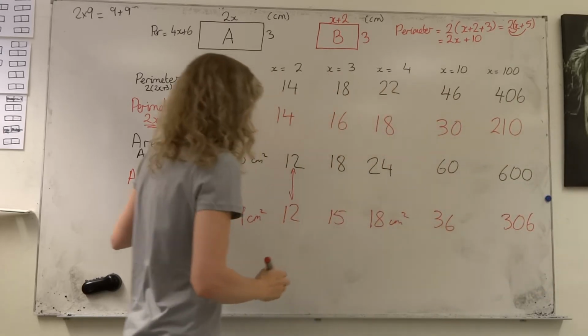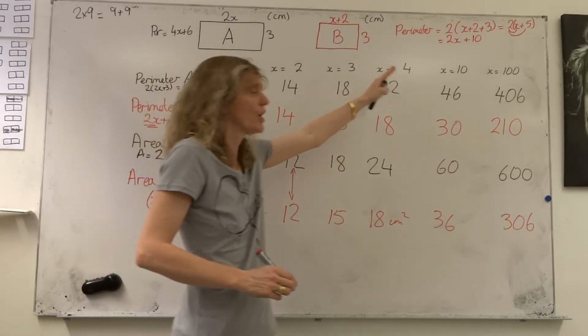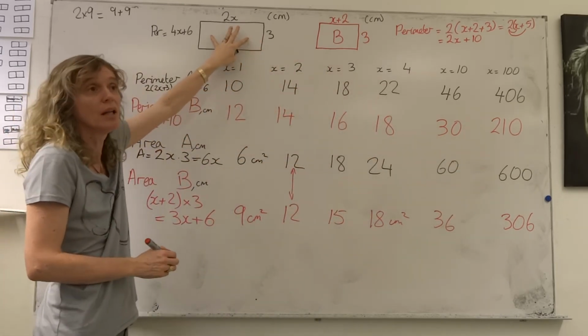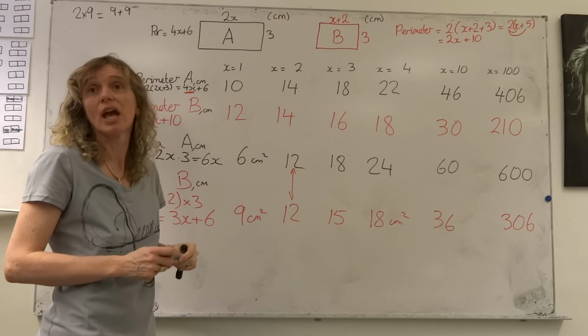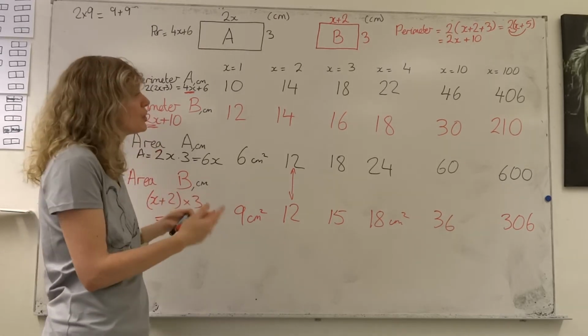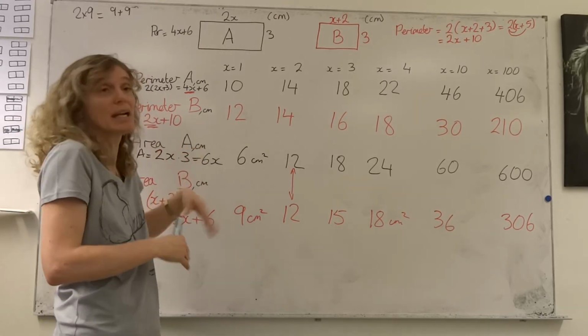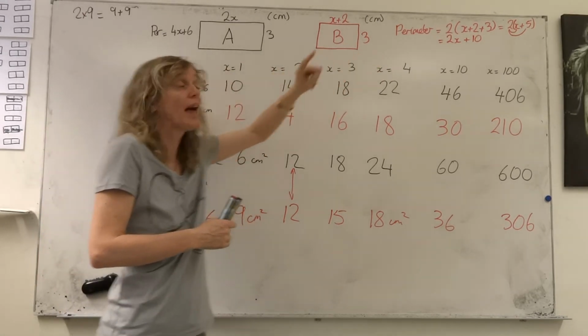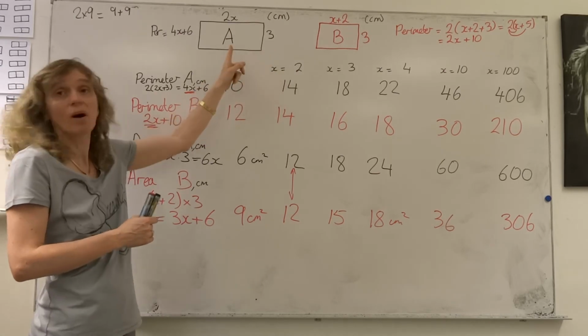So as x gets larger and larger, there's a big difference. We'll get a much larger area with this rectangle as the value of x changes. And that's why we use algebra. We're using algebra to investigate what happens when we have different values of x. We just put that number for x into our equation.